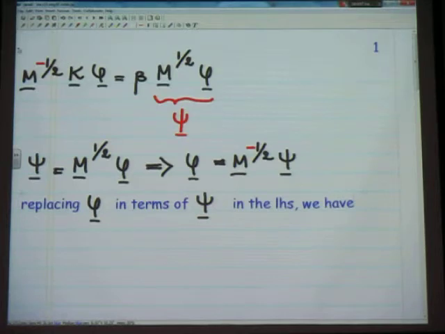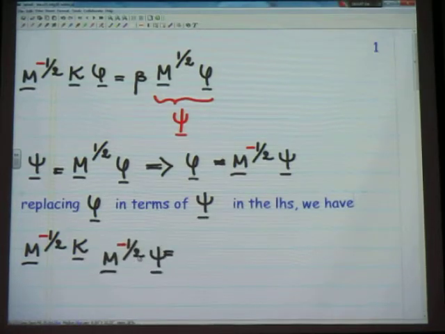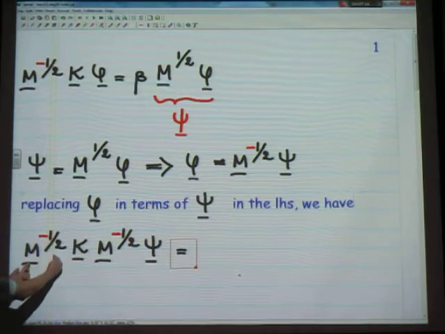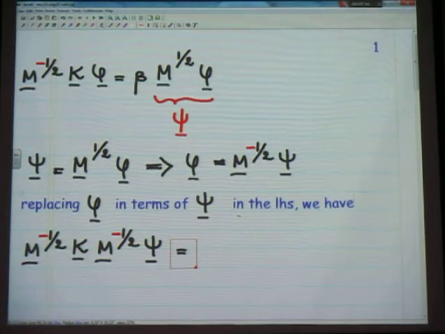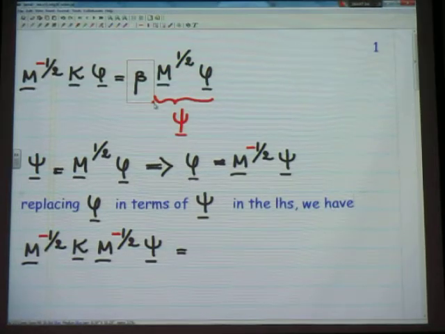So what do we have? Replacing phi by m to the minus 1/2 times psi. Intuitively you can see that there is some symmetry already: m to the minus 1/2 k m to the minus 1/2, and we will verify that indeed the new stiffness matrix is symmetric.